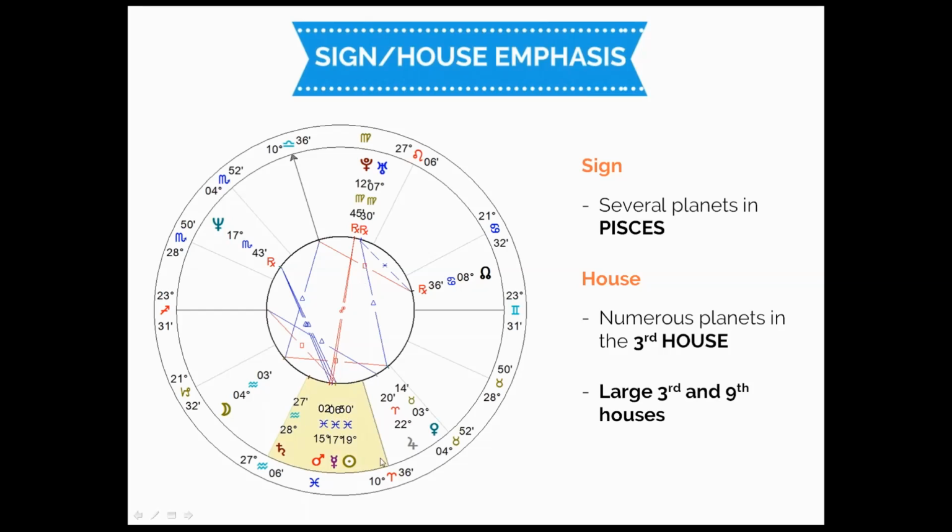This chart also has a sort of oversized, emphasized 3rd and 9th house. And this just means that these houses of the chart, the matters associated with them, are going to be especially important in this person's life, because transits and progressions and anything that moves around the chart is going to spend more time in these houses because they're bigger.